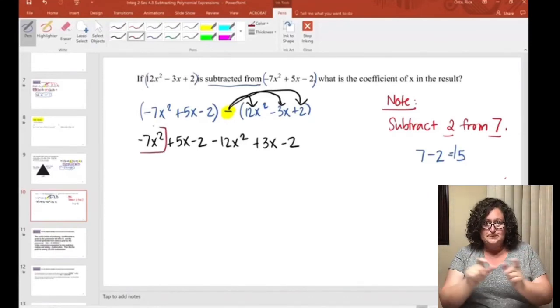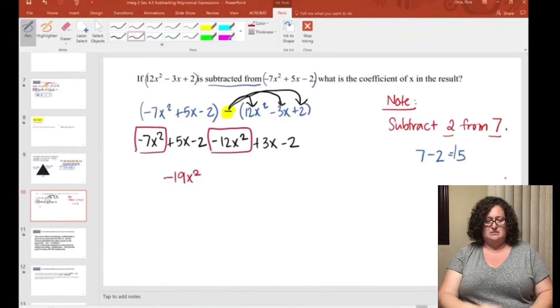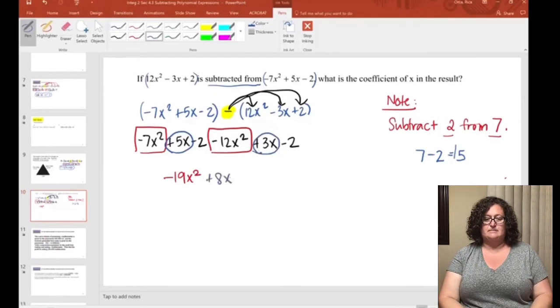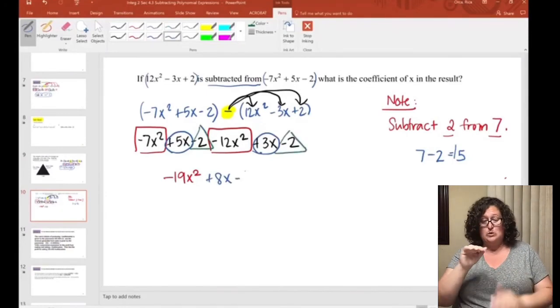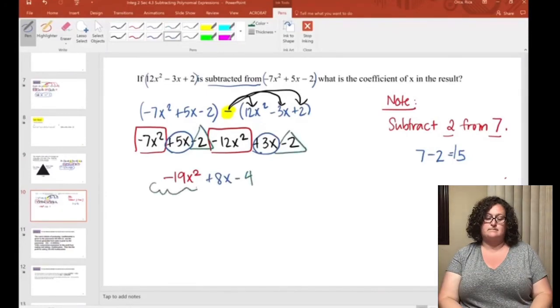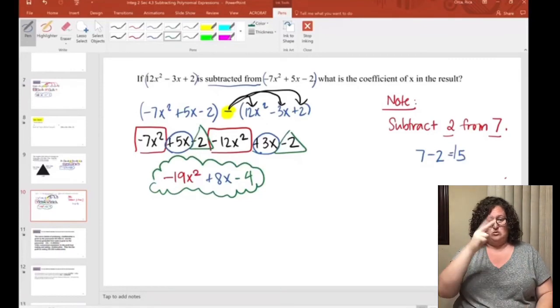So negative 7x squared minus 12x squared is negative 19x squared. 5x plus 3x is 8x. And negative 2 minus 2 is negative 4. When we subtracted the two trinomials, we got negative 19x squared plus 8x minus 4.